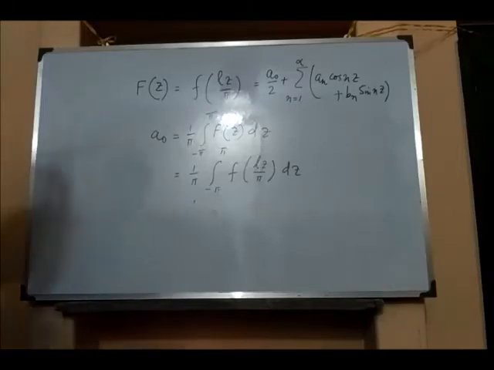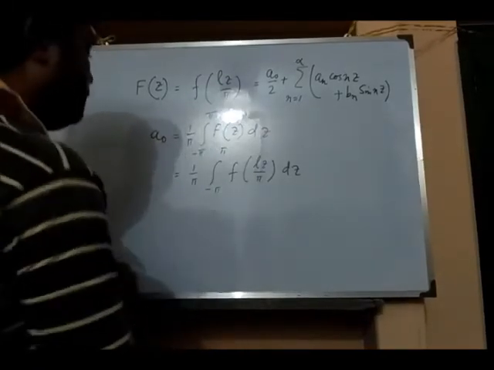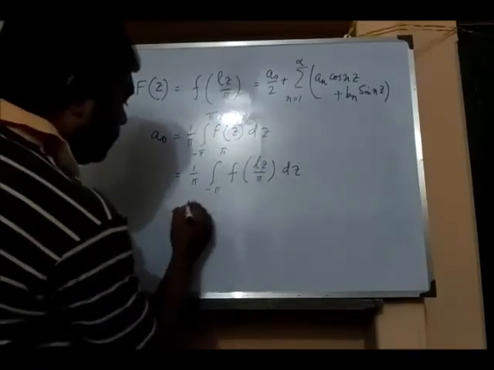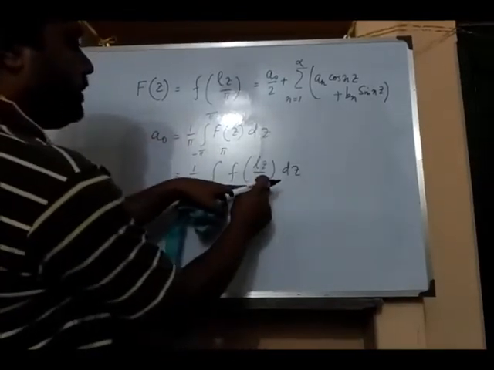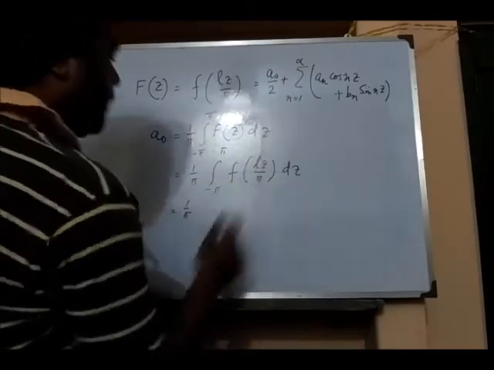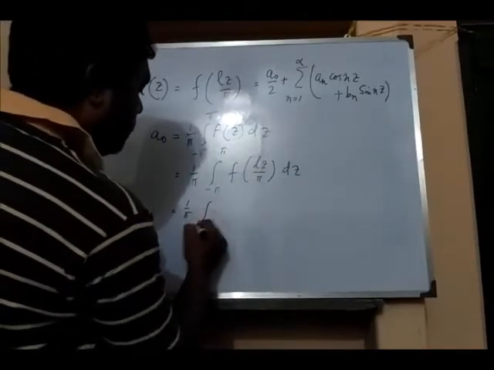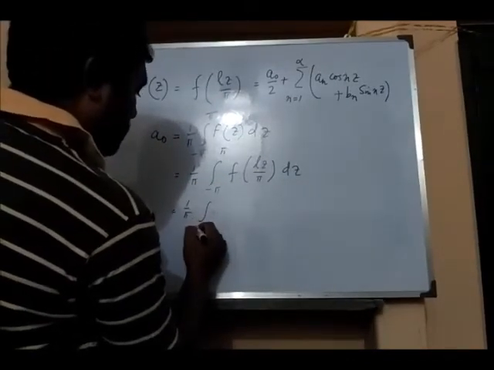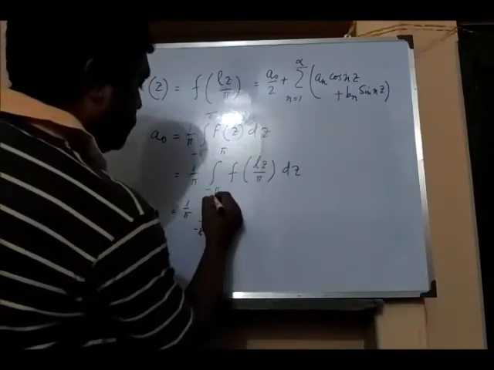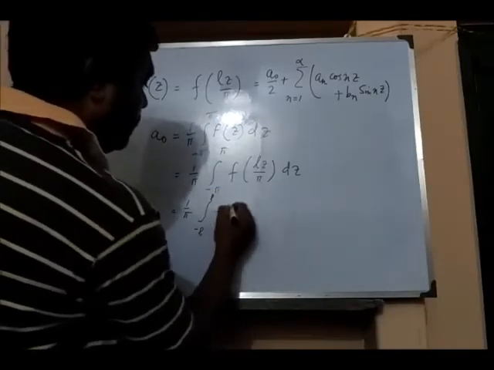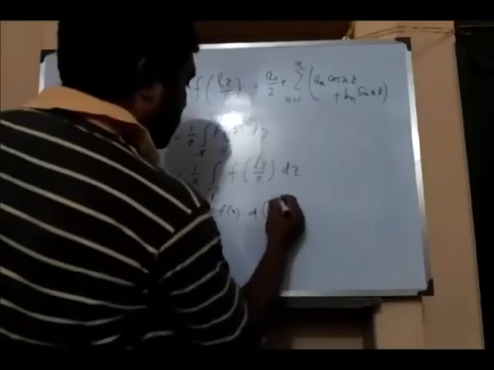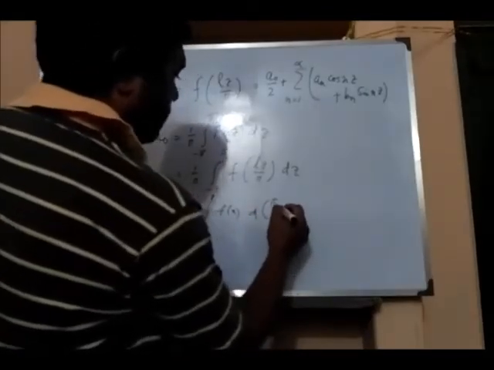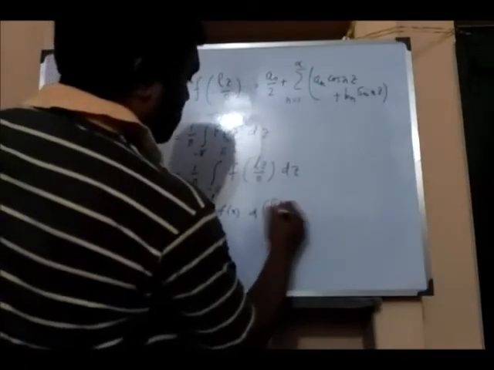So what you will get from here, this will be 1 upon pi. Now you change this term from z to x, so this will be minus L to plus L of f(x) d(pi x by L).